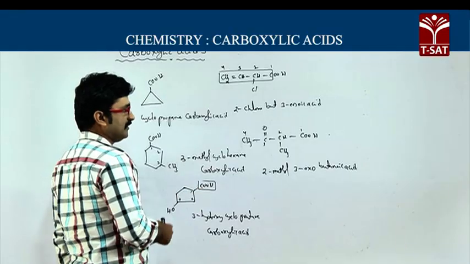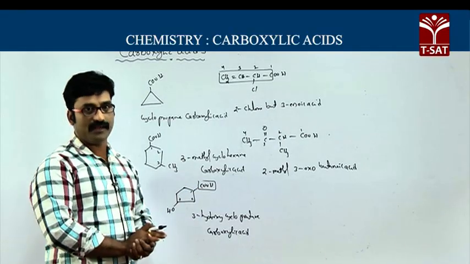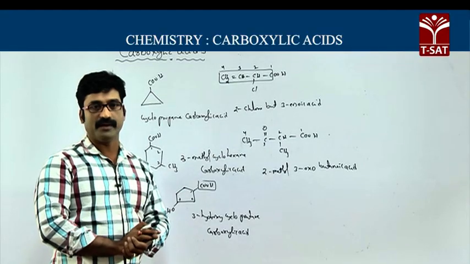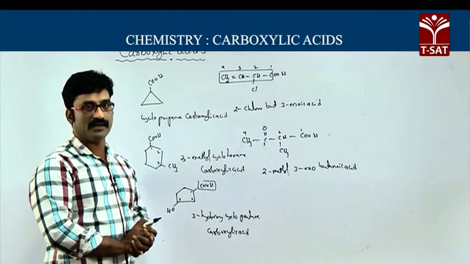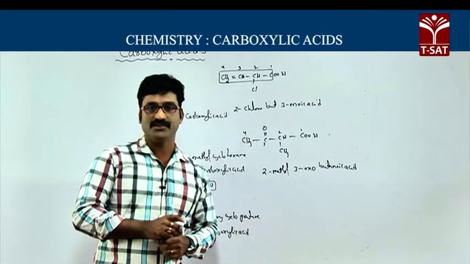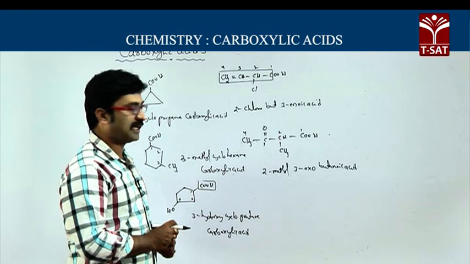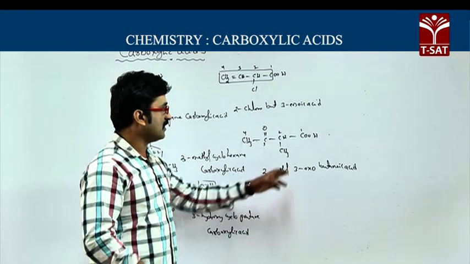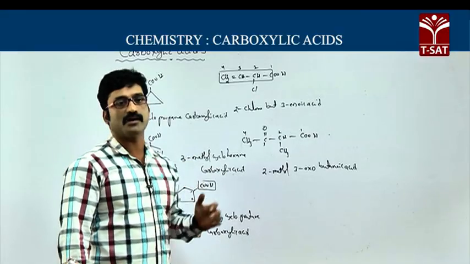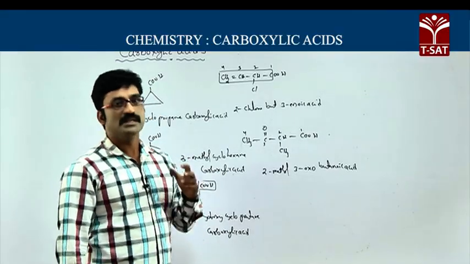Now we are discussing aliphatic carboxylic acids, and these are a few examples of aliphatic carboxylic acids which contain only one COOH group. When we come to the classification of aliphatic carboxylic acids, based on the number of COOH groups present in that carboxylic acid, they are classified into several types.